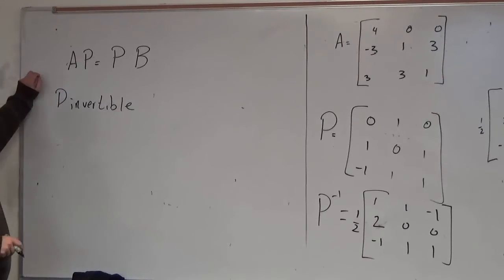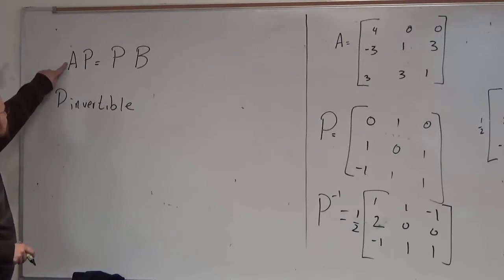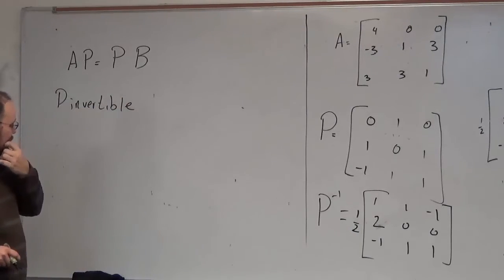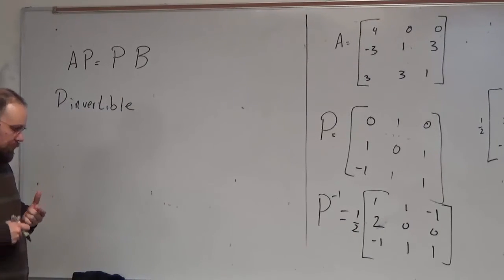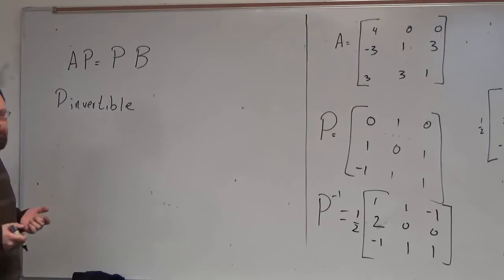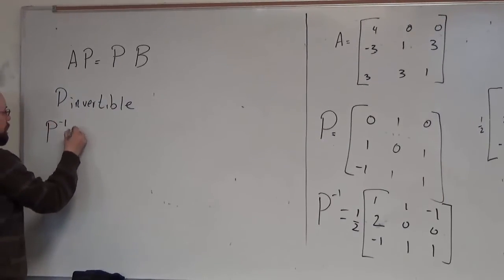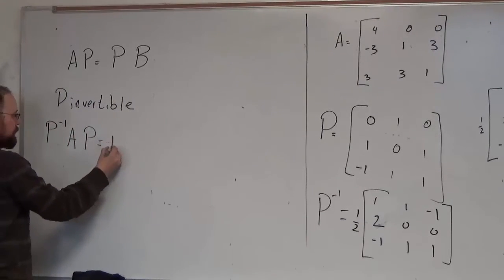Essentially, these are two matrices representing the same linear transformation but relative to different bases. And if I multiply those sides by P inverse, you get this relationship.